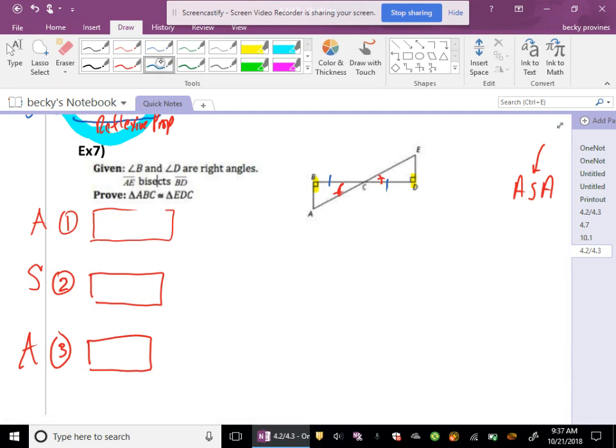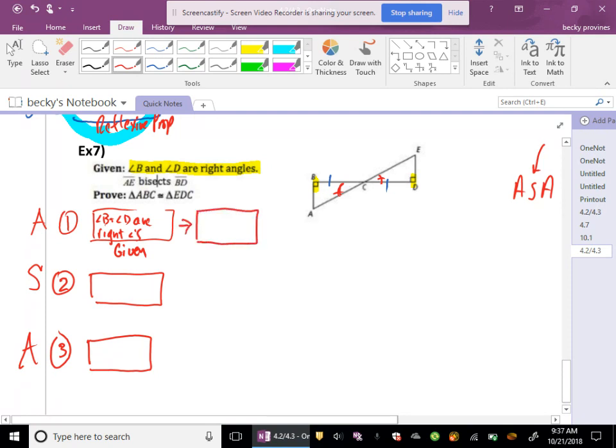Okay, so let's just start with the very first thing. Angle B and D are right angles, given. Okay, now I know I have to keep going because it doesn't show a congruency symbol there. So right angles, how do you know right angles are equal?